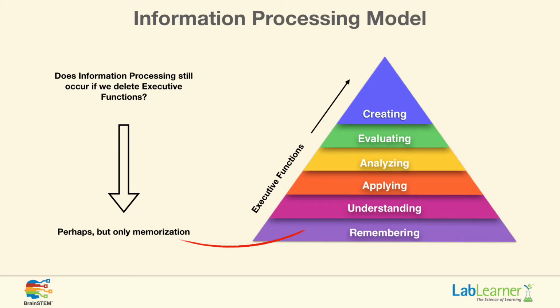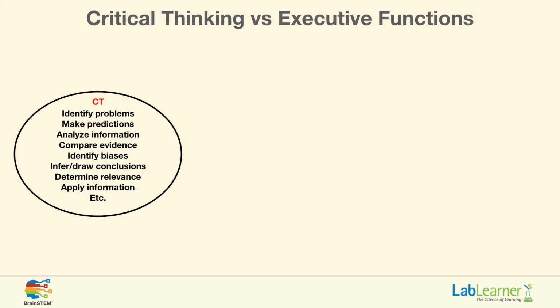Okay, so let's get to asking the question of what is the relationship between critical thinking and executive functions. Now, critical thinking: we could pause and ask you to shout out things that you believe are characteristics of critical thinking. I've simply listed some on the left here that I think you'll agree with.